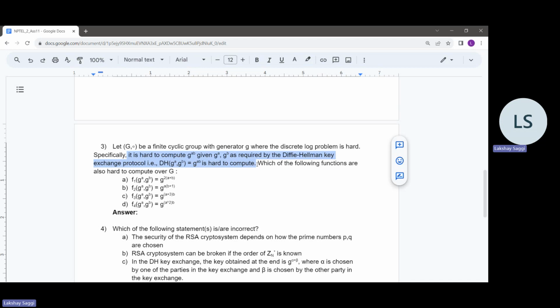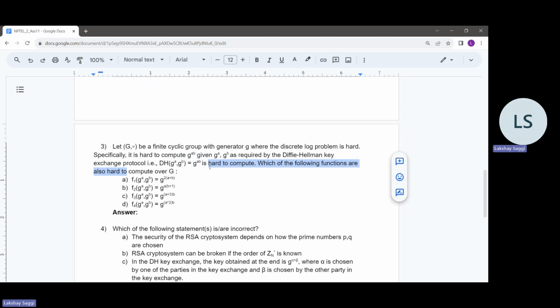This is the Diffie-Hellman exchange protocol, which has also been discussed in the lectures. In it, we are given two values, g raised to the power a and g raised to the power b, and computing g raised to the power ab is hard. Diffie-Hellman exchange is based on this argument.